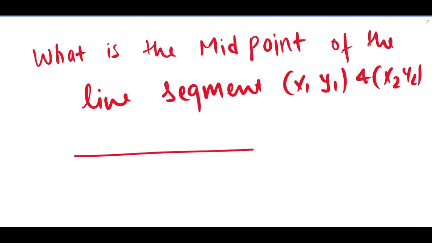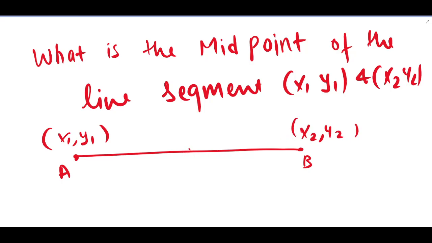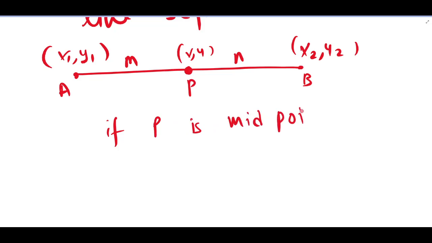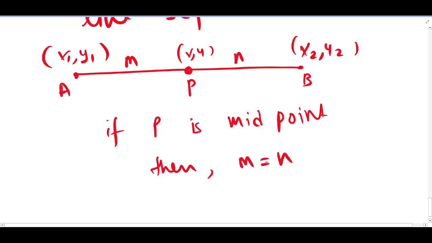So if we take the same line and same points A and B, and this is x1 y1 and x2 y2, and there is a point x comma y which divides the line segment in the ratio m ratio n. So if this point be P, if P is a midpoint, then we can say m is equal to n.